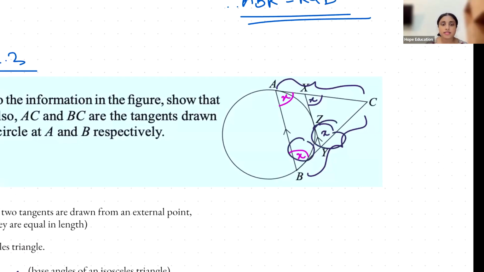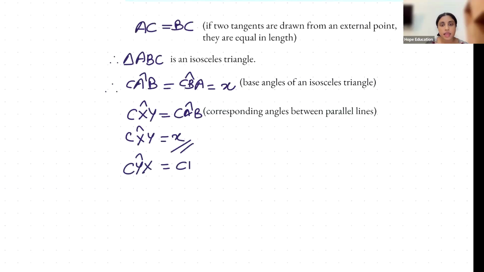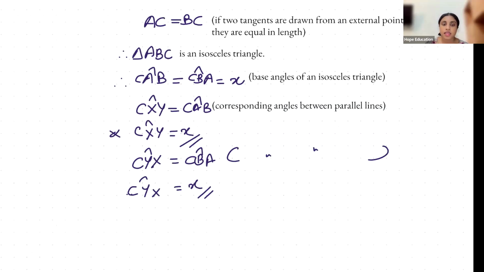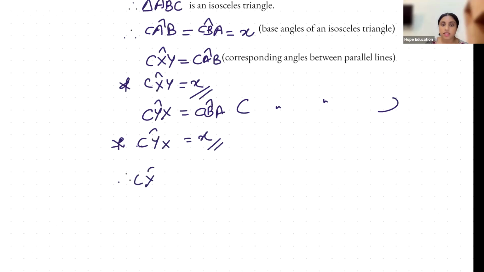So CYX is equal to CBA, same reason. Therefore, CYX is also equal to x. Now CXY is x, CYX is also x, therefore they are equal. Therefore, CXY equals CYX.